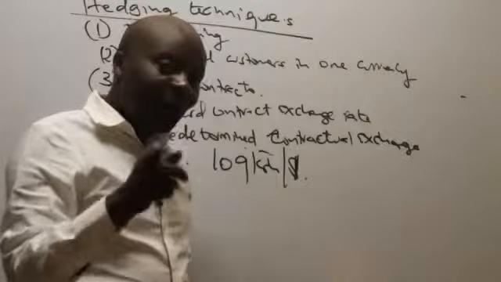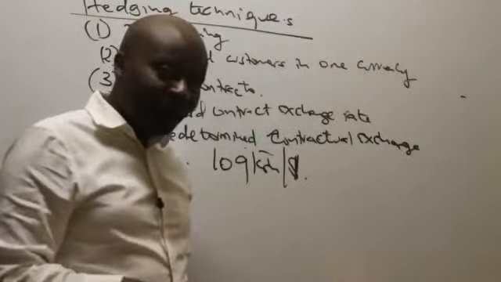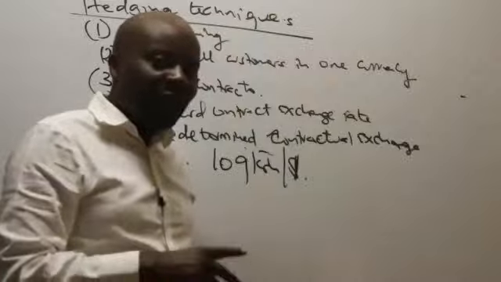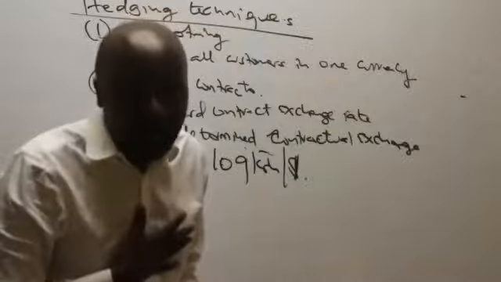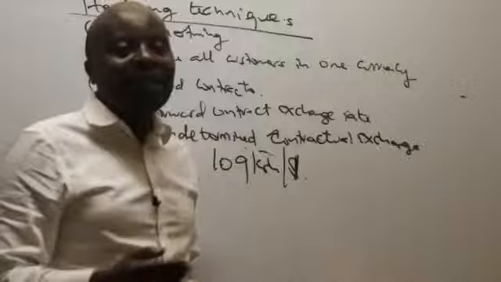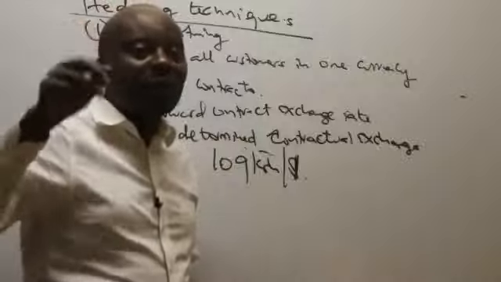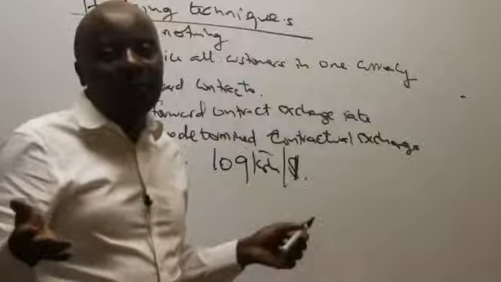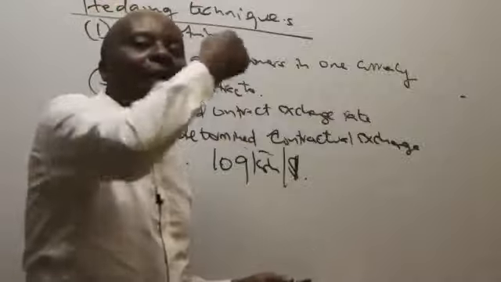On that material day, when I take this cash to them, if the dollar is going for 106 or whatever, it doesn't matter. They have to give me 109. The downside is that if the dollar is going for 112, I cannot run away. It's a contractual thing which was determined in advance.